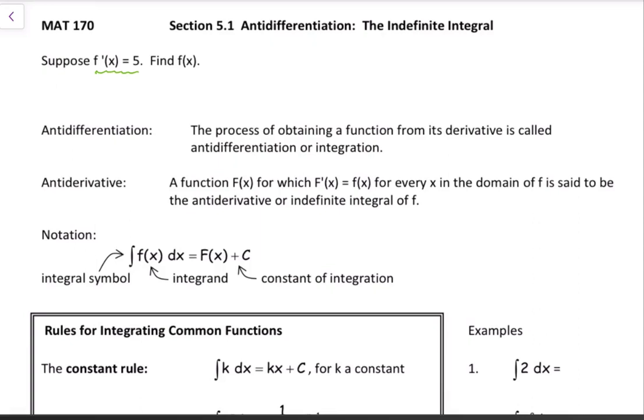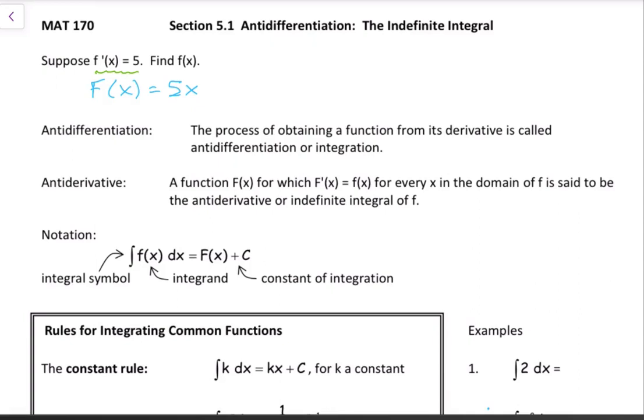So try to think of a function that if you took the derivative of it, you would get 5 for an answer. So one of the most common answers is to say that f of x is equal to 5x, because the derivative of 5x is equal to 5. But try to think of another one.